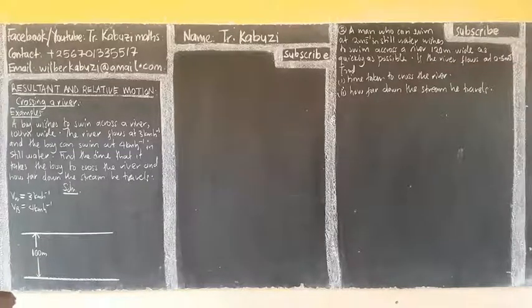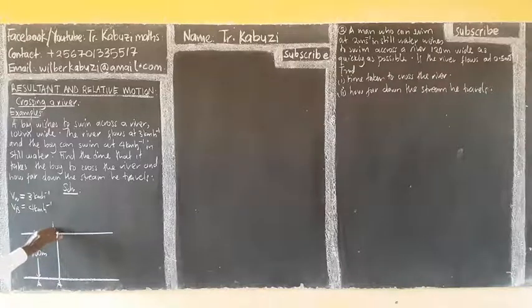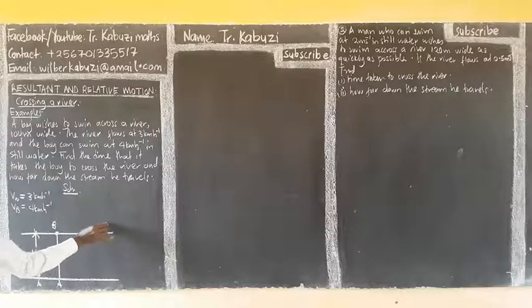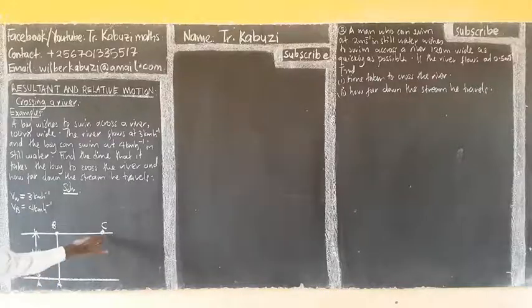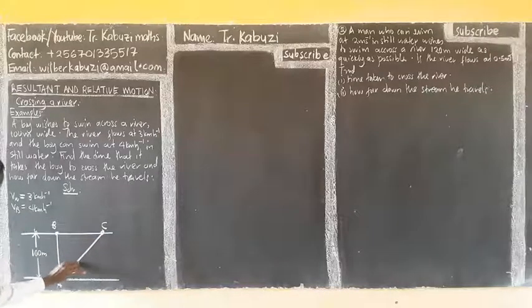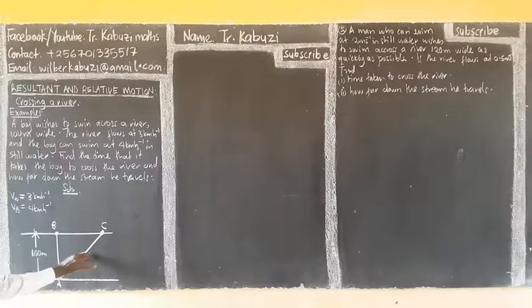So if this is our point A and this is point B, of course he is going to go down the stream. This is going to be at point C. So our resultant velocity is going to be this VR.